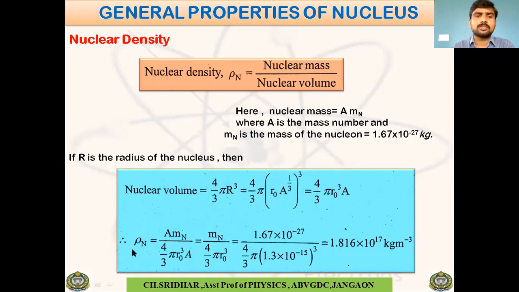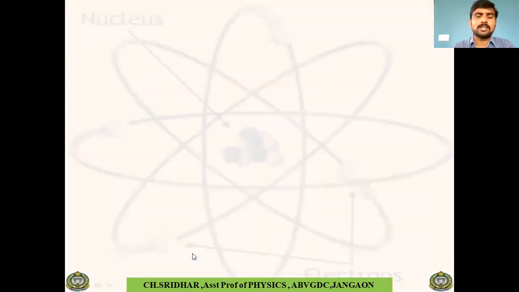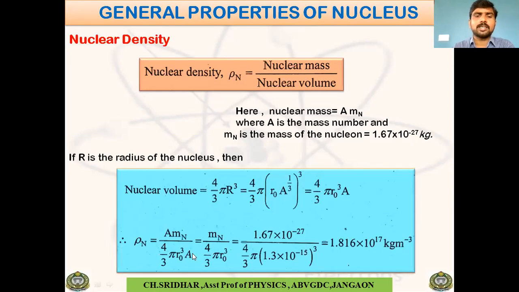So if you substitute those values in the definition of nuclear density rho n, you will get rho n is equal to A into Mn divided by 4 by 3 pi r naught cube into A, and this A gets cancelled.